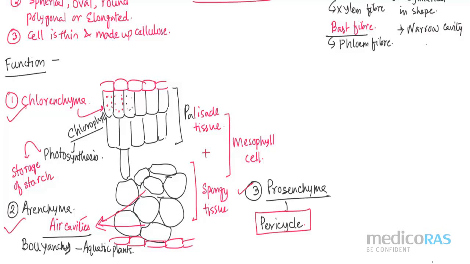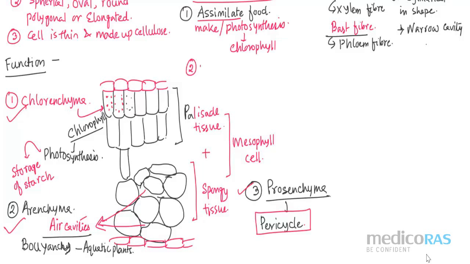Now, if we check the collenchyma tissue, its main function is to assimilate food. That means it can make food or do photosynthesis as it has chlorophyll. The other function of collenchyma is that it provides mechanical strength to young leaves and stems.